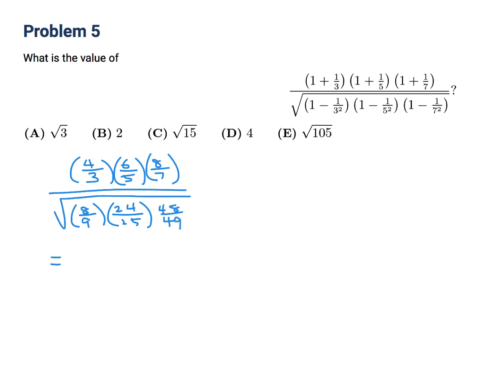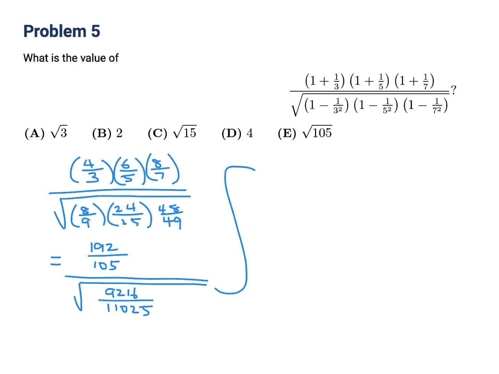Okay, so when you crunch out these numbers, you get 192 on the top over 105. And then on the bottom, you get 9216 over 11025. So this reduces to 192 over 105 over, and when you take the square root, it becomes 96 over 105.